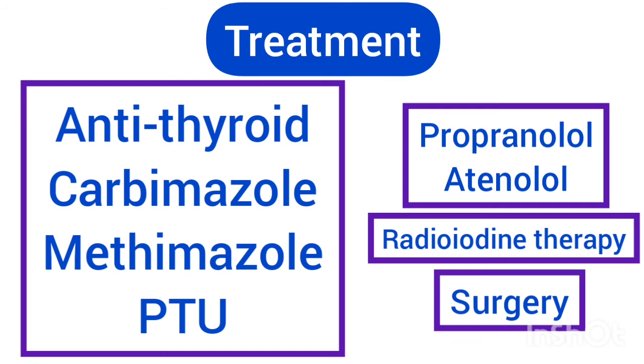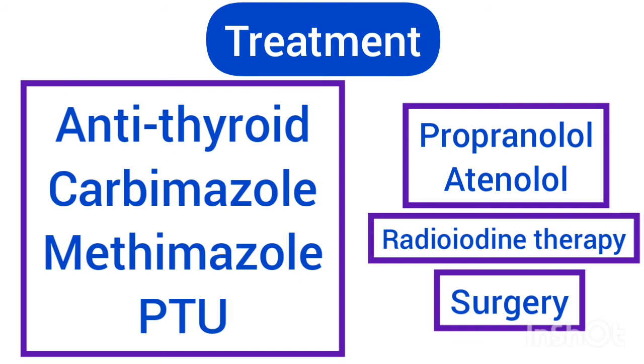Of the antithyroid drugs, carbimazole or methimazole are preferred over propylthiouracil because of the hepatotoxicity of PTU.